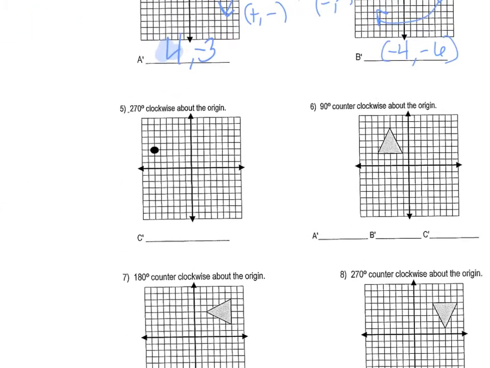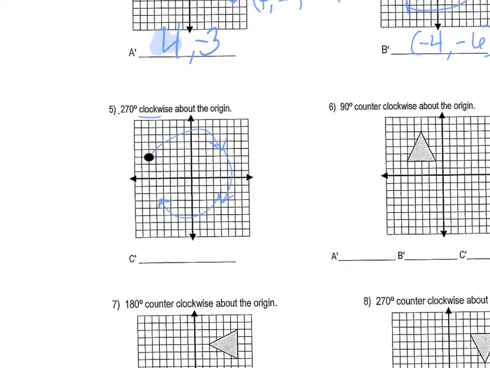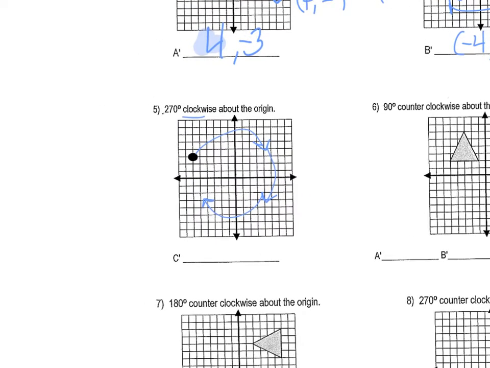And then number 5, 270 clockwise. Clockwise, we're going to the right, and that's 3 turns around your origin. This point is 1, 2, 3, 4, 5, 6, -6, 1, 2, 3. So that's my point. It's going to be negative, positive.